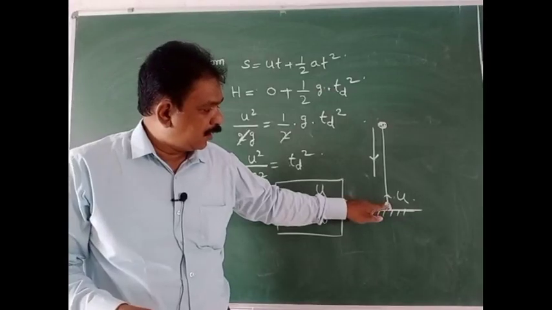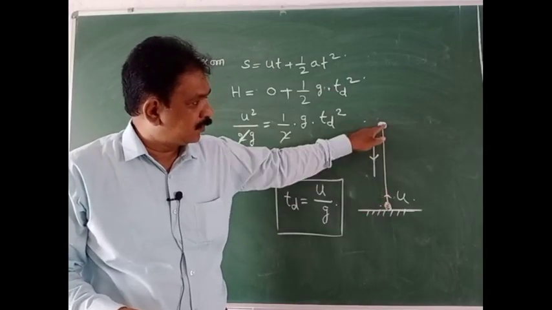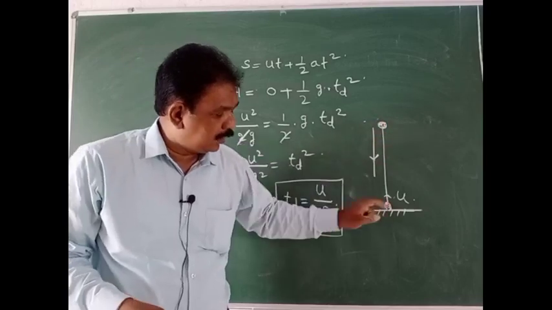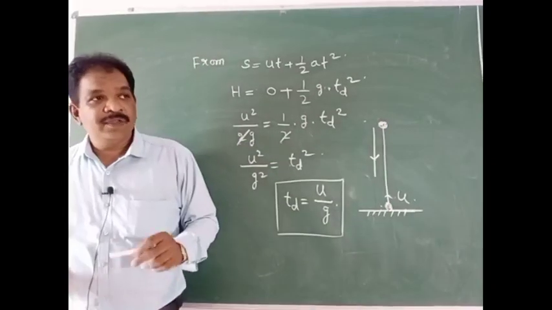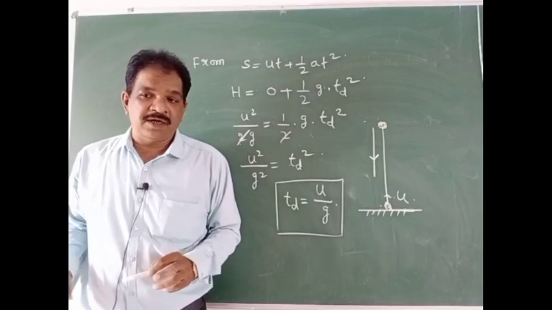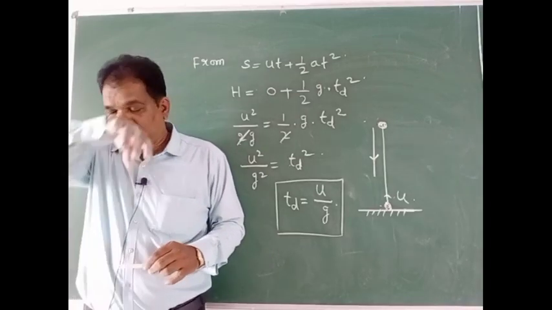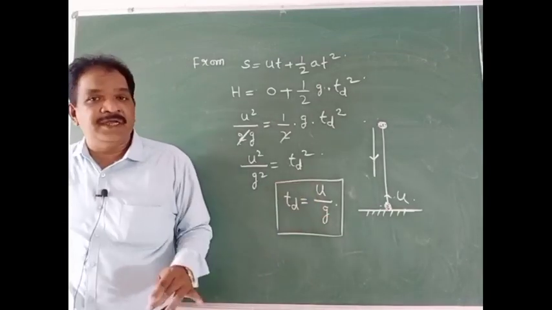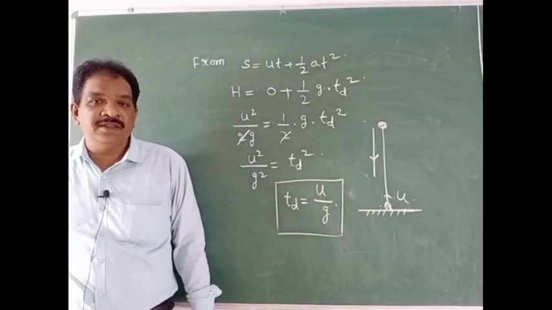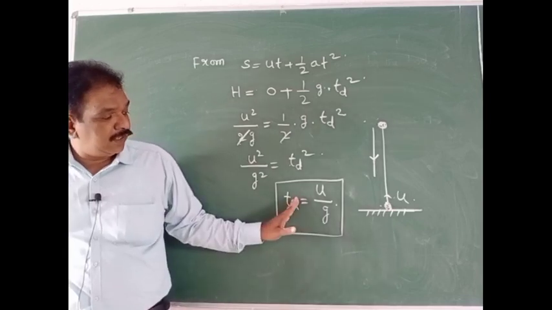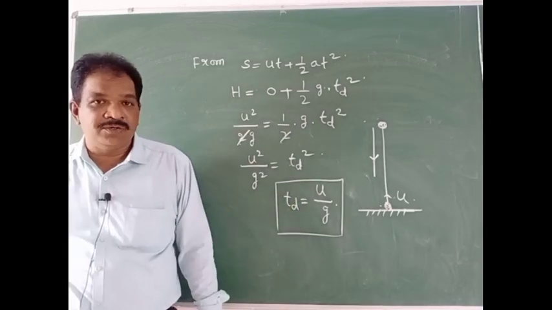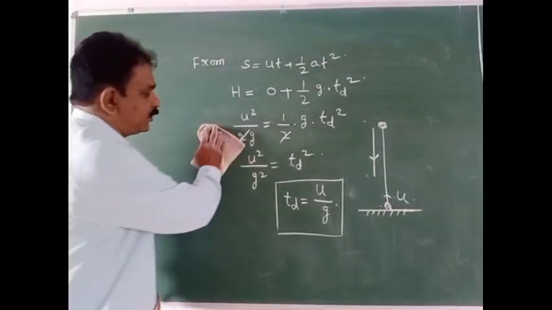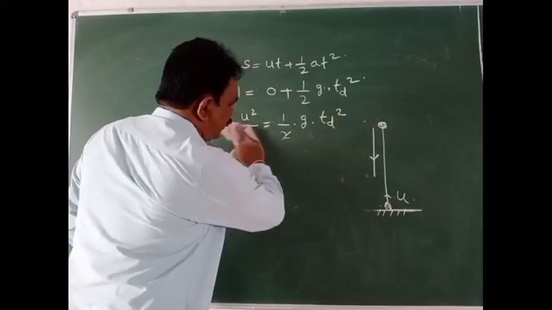The same time it takes from here to here when air resistance is not there. When air resistance is there, TA value will be less than TD. We'll discuss that in the NEET level. So TA value will be equal to TD. Clear?